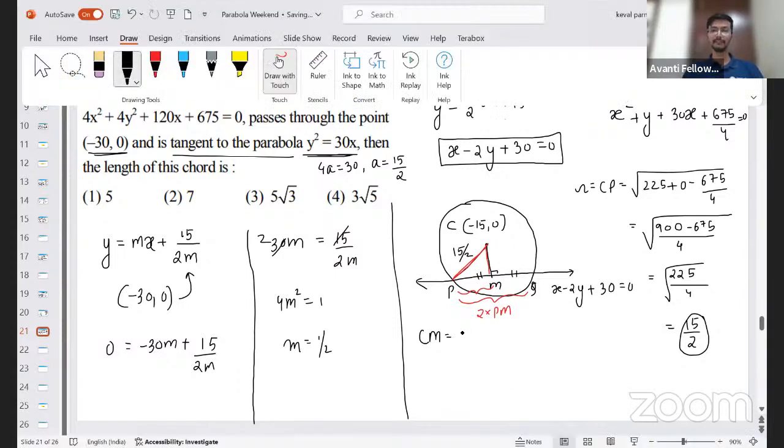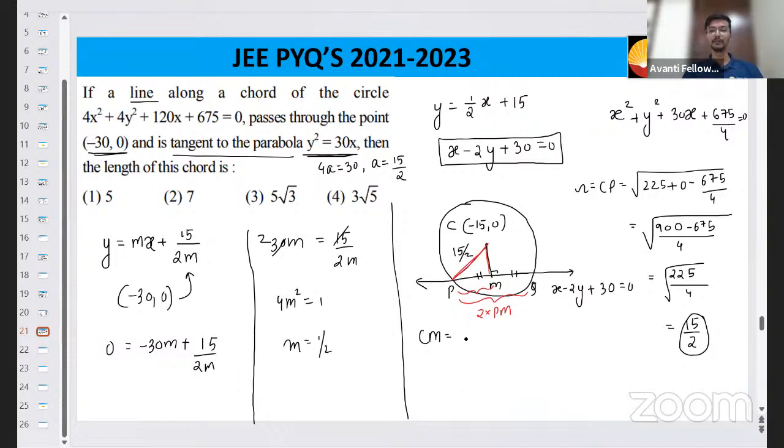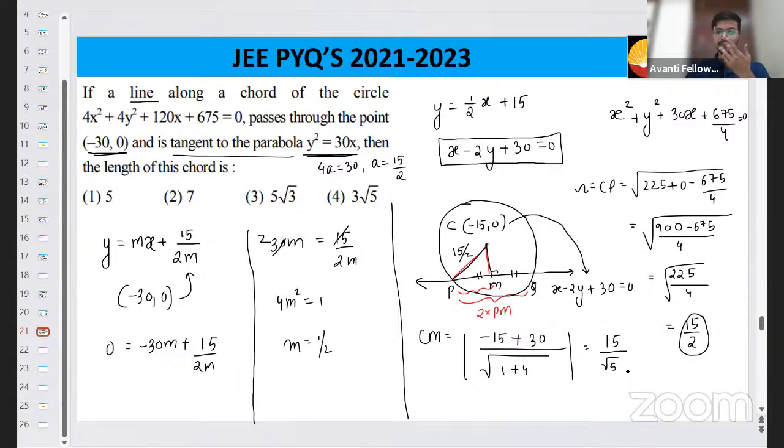So for CM, we will be using the perpendicular distance formula. We substitute the point in the line. So it will be minus 15 plus 30 upon under root of 1 plus 4, which is equal to 15 by root 5. Multiplying by root 5 over root 5, we get 3 root 5.